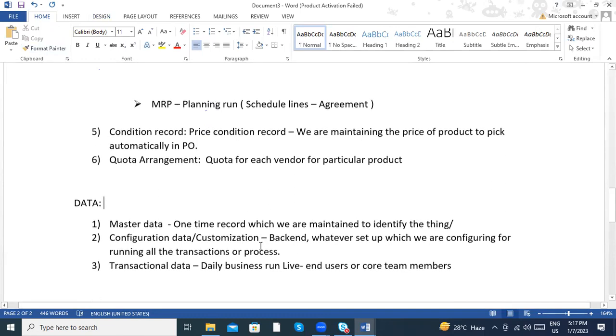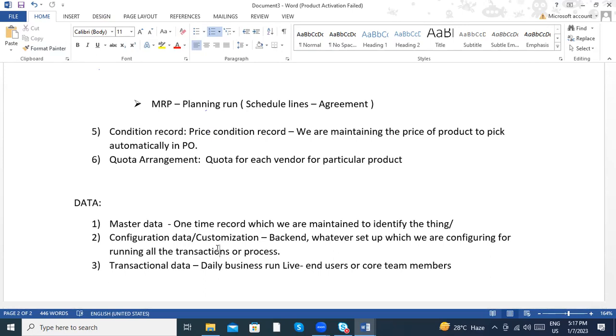For configuration data, any consultant can do it. For example, my client has requested that they are starting a new site in Mumbai.